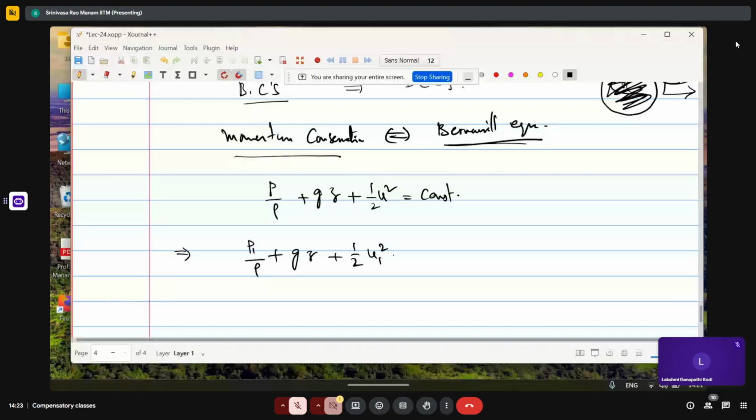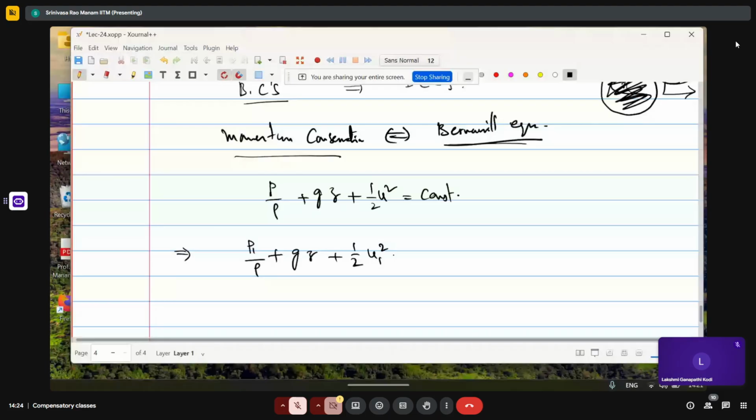UR is anyway 0 at R equal to A, which is what you have chosen. So the magnitude will be simply the modulus of U theta.